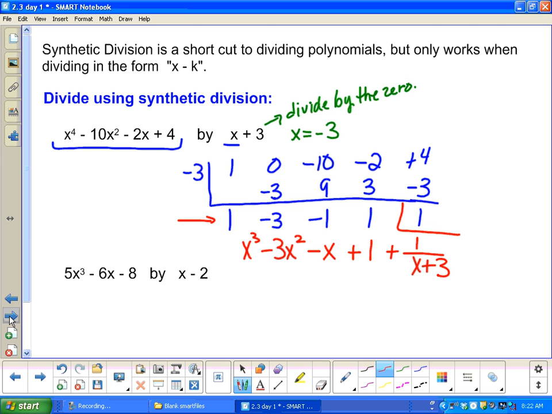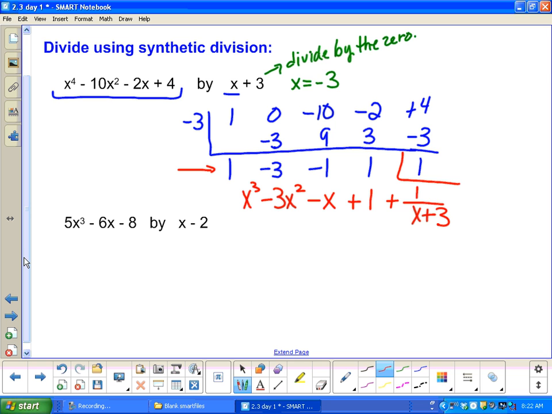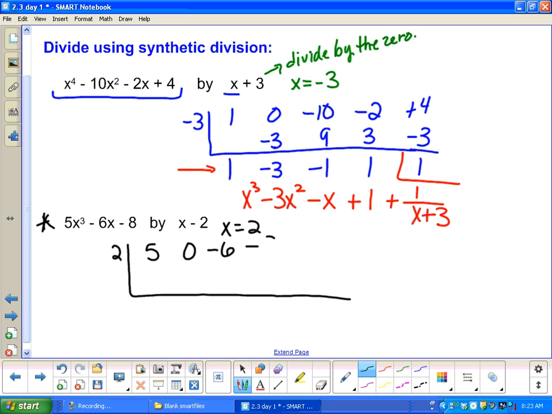I can do the same thing. This time, what's my 0? In this second problem here, what's my 0? My 0 is x equals 2, so I'm going to synthetically divide by 2. My coefficient on x cubed is 5. I don't have an x squared. Negative 6 is on x, and then my constant. Bring it down. 5. Multiply. Add.